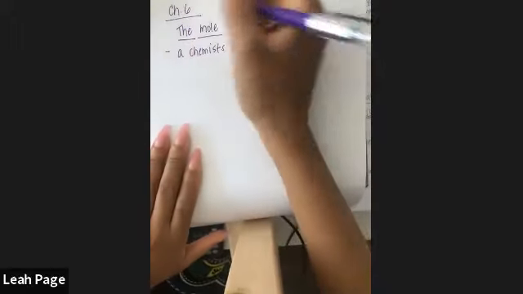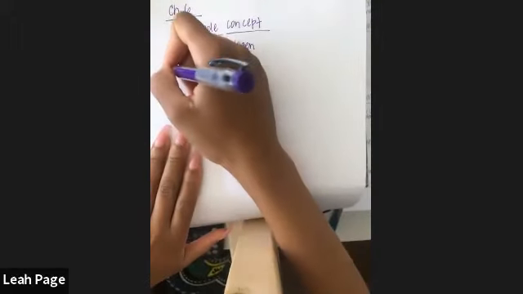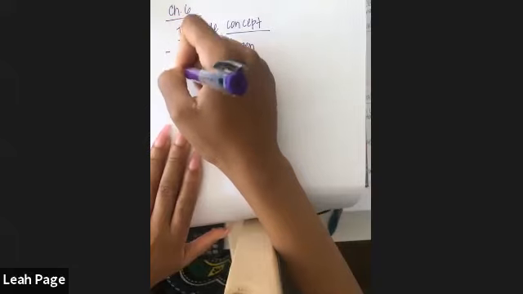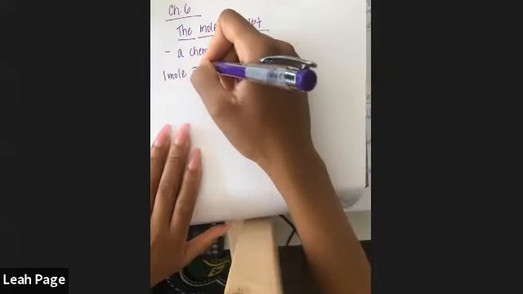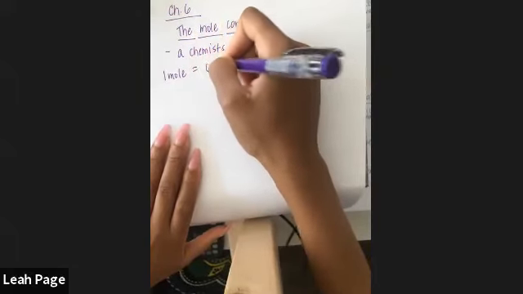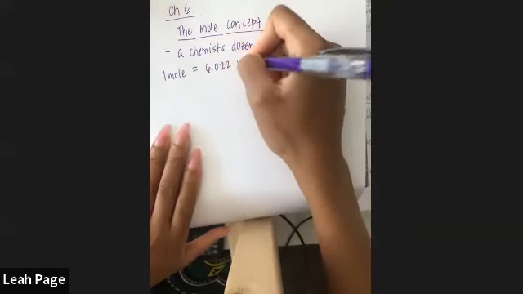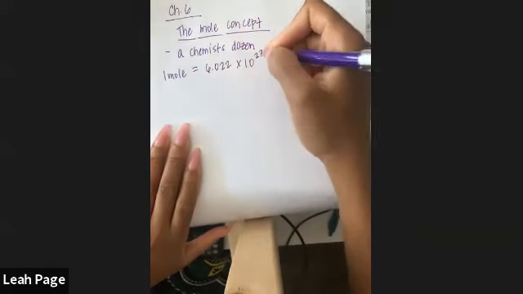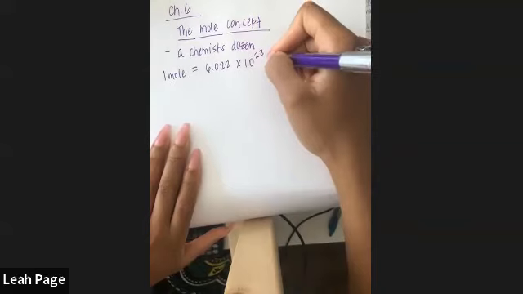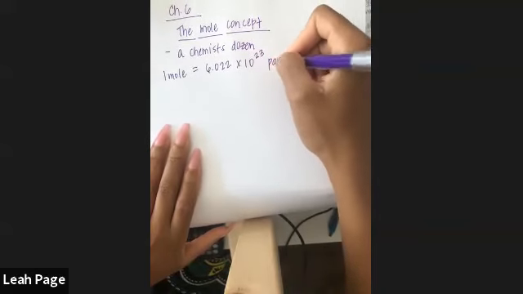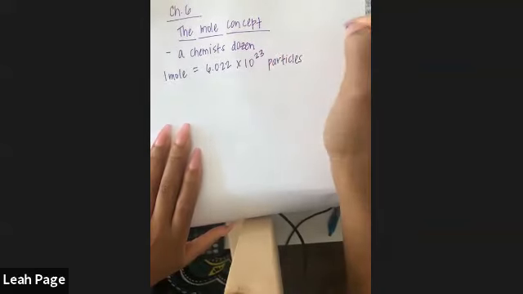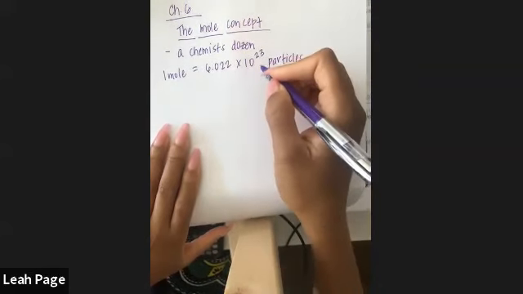So when we talk about a mole, the numerical number for the word mole, 1 mole is equal to 6.022 times 10 to the power of 23. And we say that equals however many particles we have. So this is a really big number.